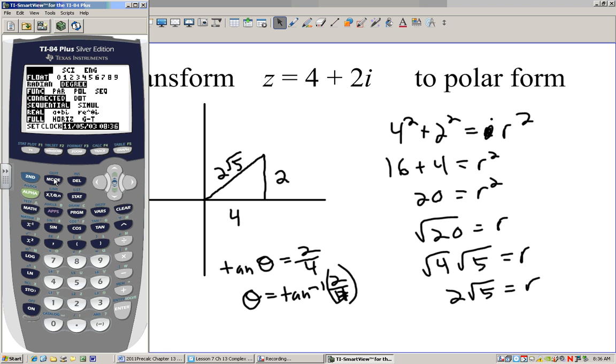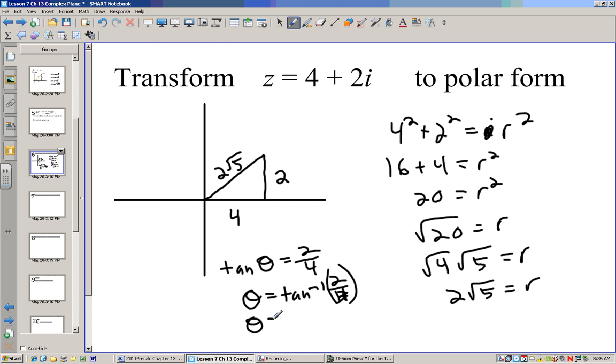First, make sure your mode is in degree. And then we take the inverse tangent of 2 over 4 to get 26.565. So our theta is 26.565.